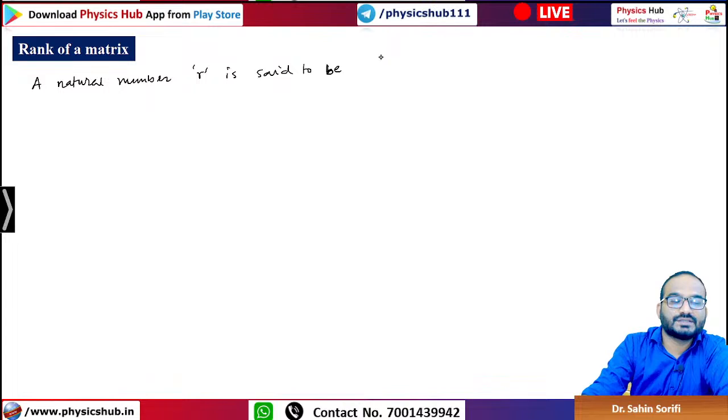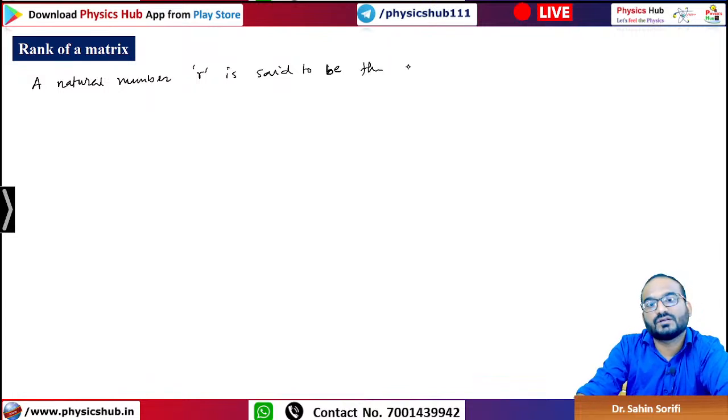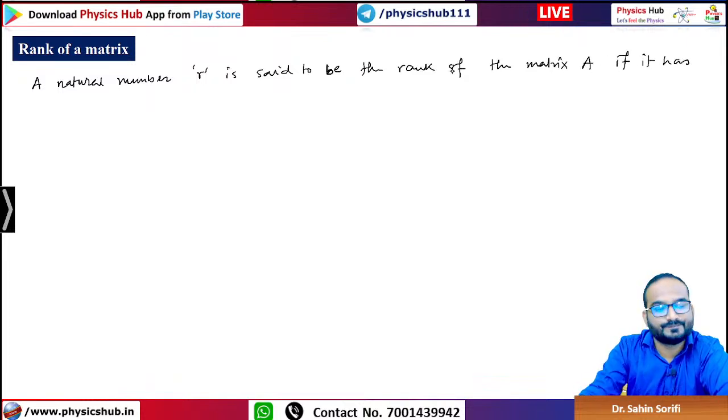A natural number R is said to be the rank of the matrix A if it has the following properties. What are those properties?